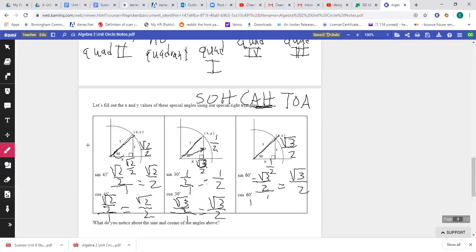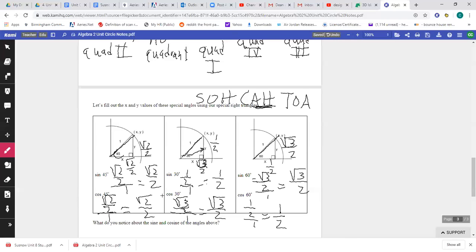And then this is 1/2 over 1, which is 1/2. So what we did there was we just used our Sohcahtoa, right? Sine is opposite over hypotenuse. Cosine was adjacent over hypotenuse.